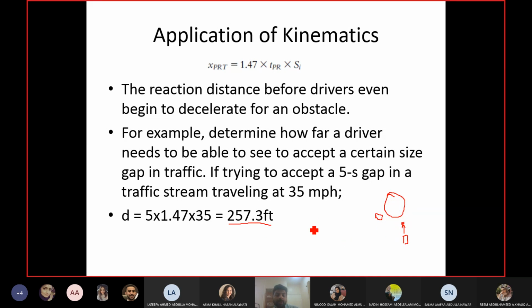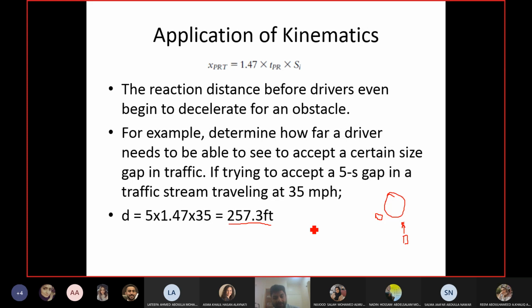This is another application of using the perception reaction time to find out the gap in terms of distance between you and the other vehicle when you are entering an intersection, or when you are trying to accept a gap between you and another object. That other object will obviously be another vehicle, or it can be a pedestrian as well.